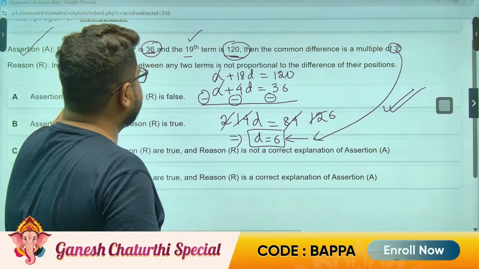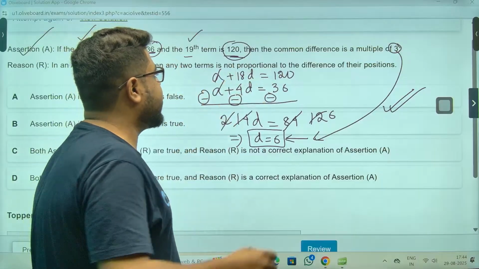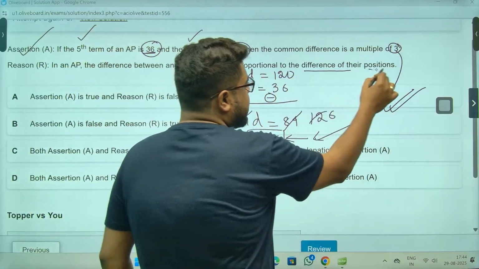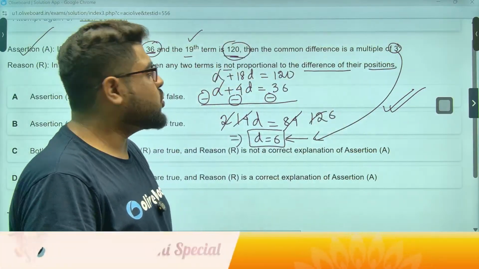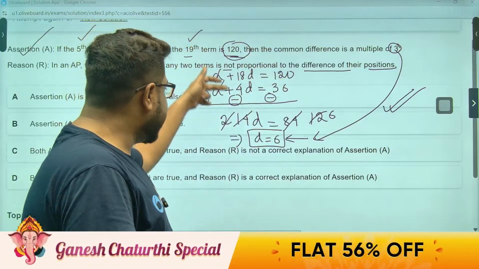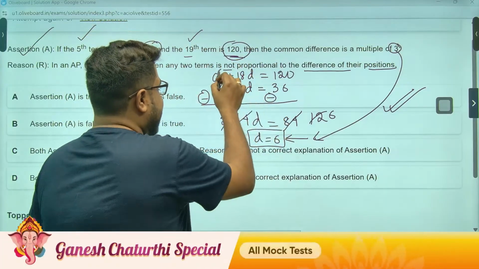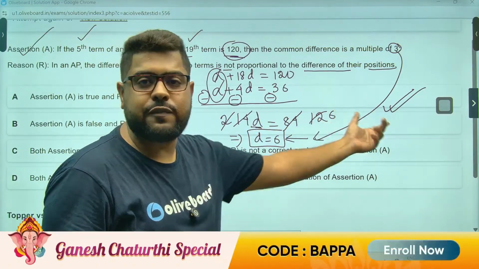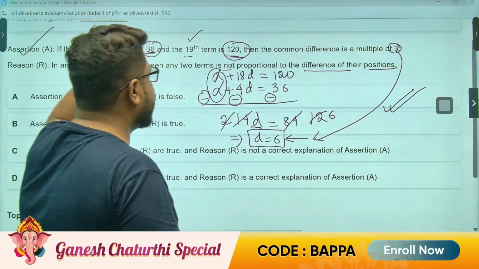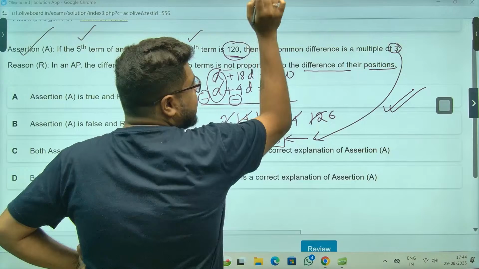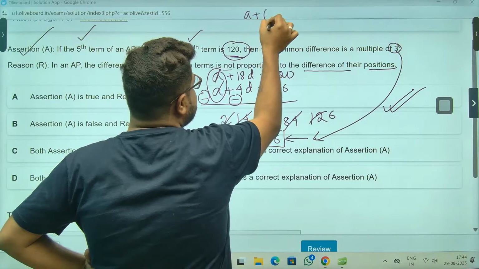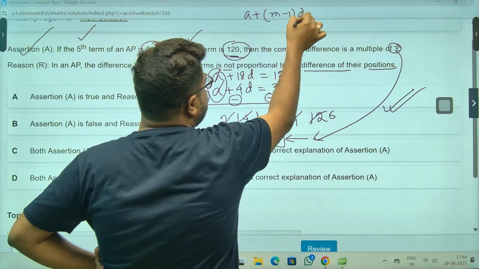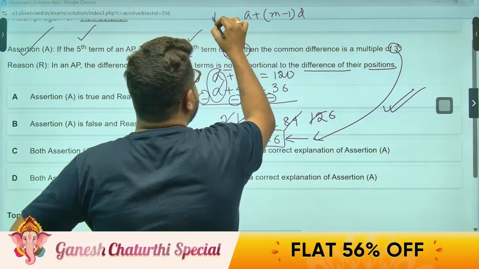In AP, difference between any two terms is not proportional to difference of their positions. No, sir, it is always, you see, once we take difference, A cancels. The difference is always proportional to difference in their position. If you want to know, sir, let's say mth term, that will be A plus m minus 1 into D. This is Tm, sir.